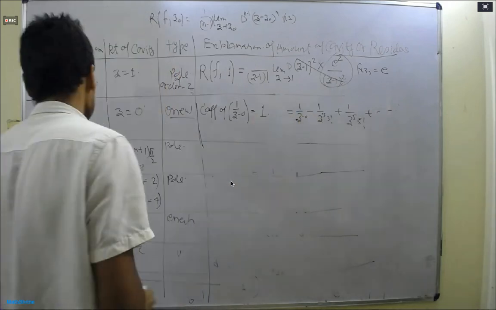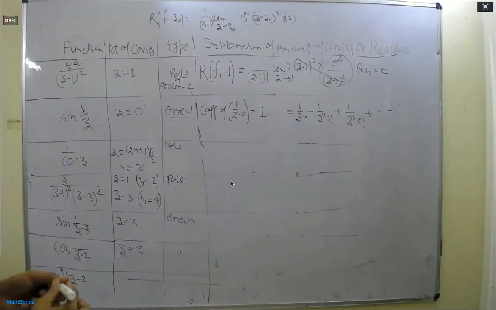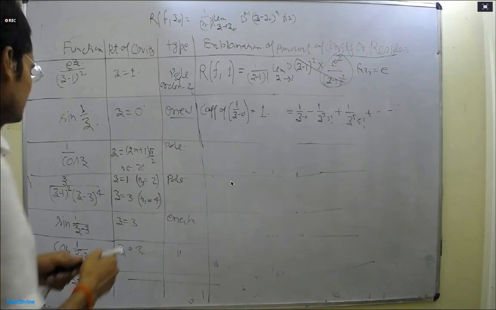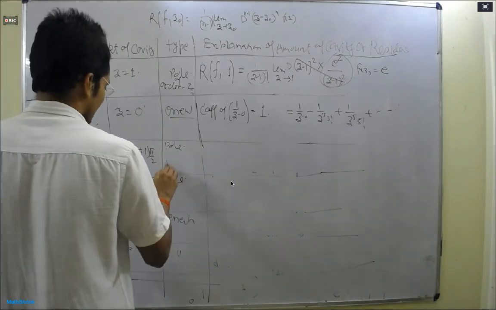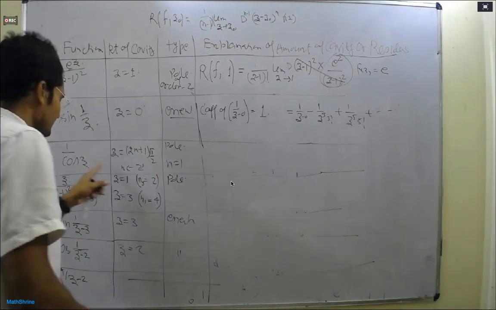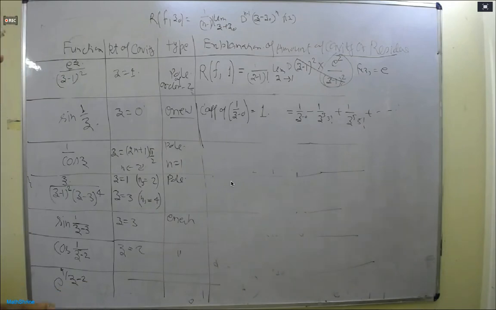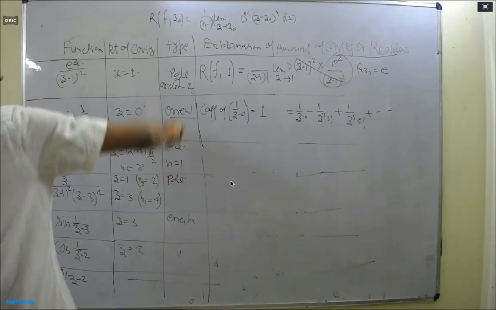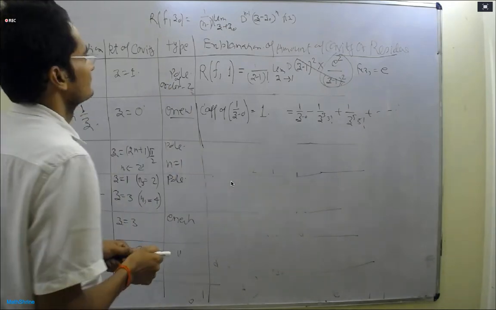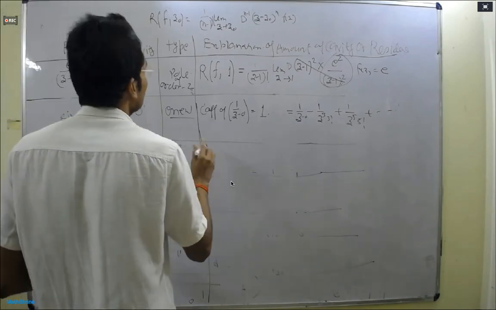Now this is the pole here. The n is equal to 1 because the order is given as 1 only. Using the same formula, calculate from here. What you have to calculate? Limit. Yes, so this will come out.